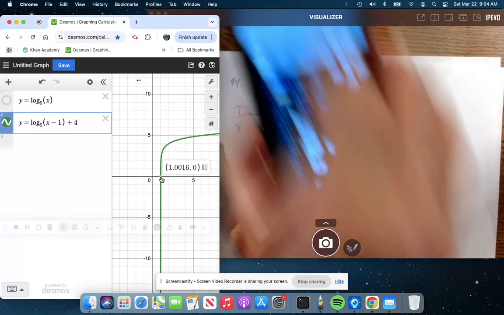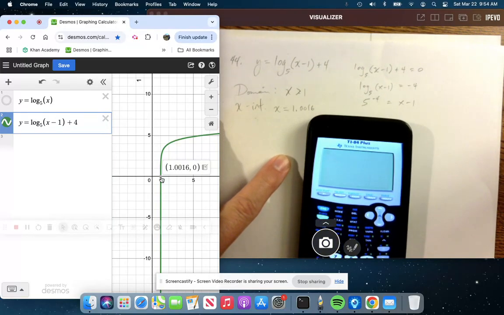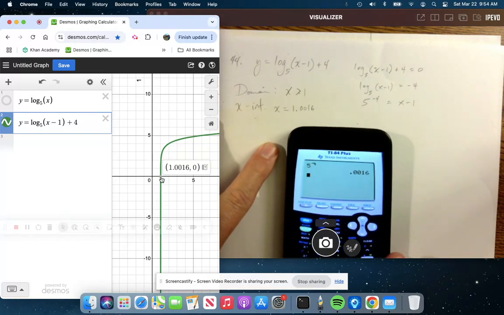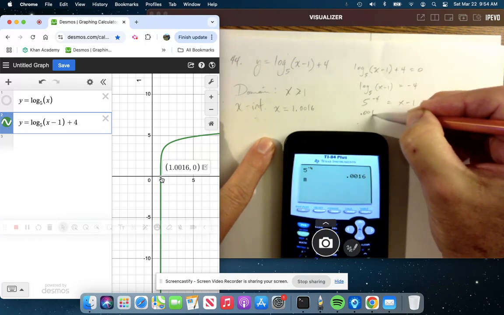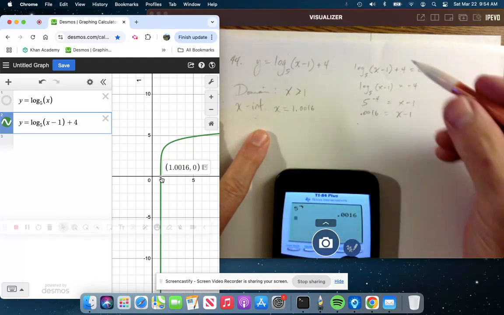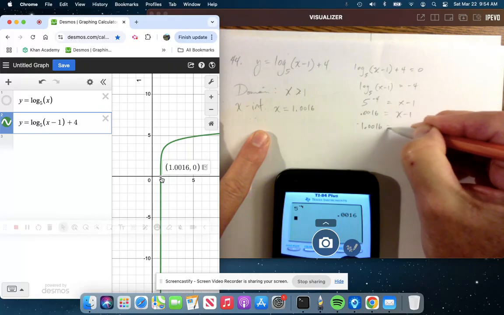And 5 to the negative 4 power is where you get the 0.0016. Now add 1, and you get 1.0016 is x.